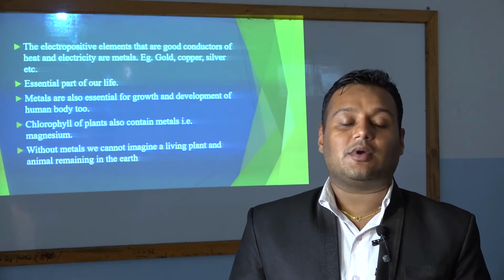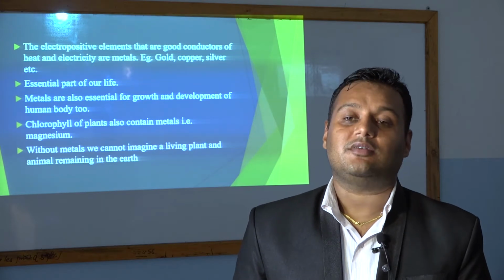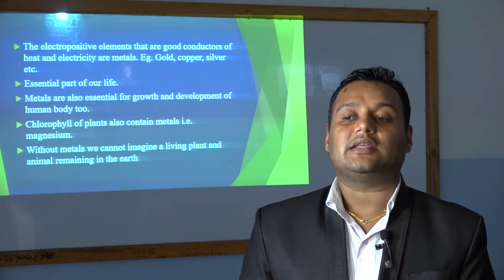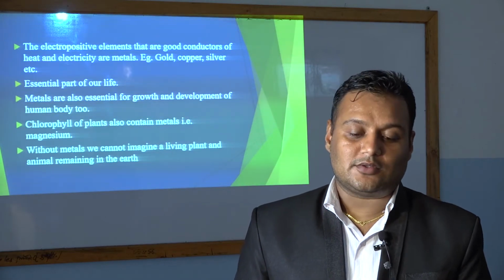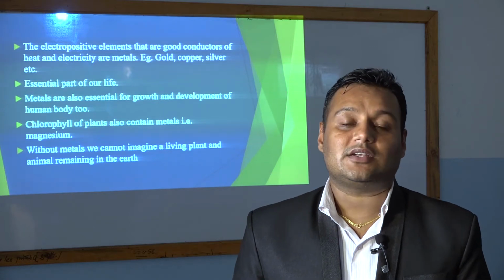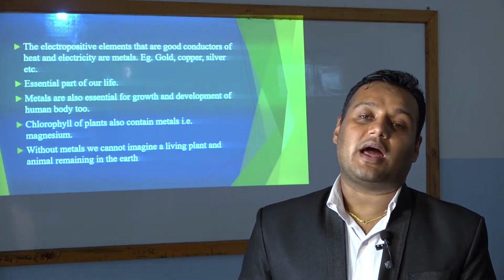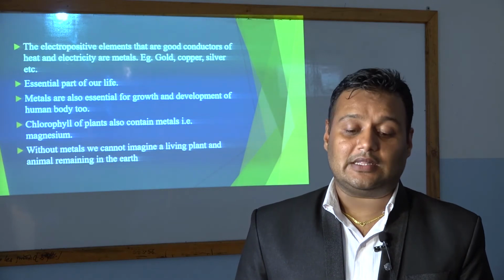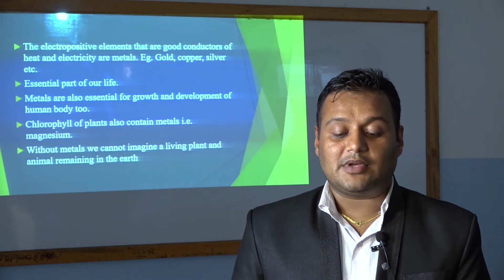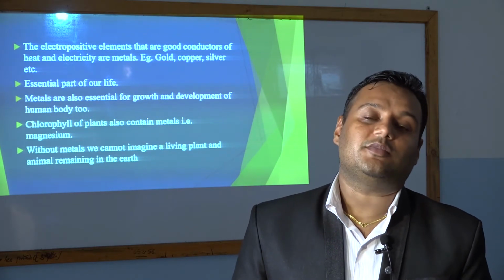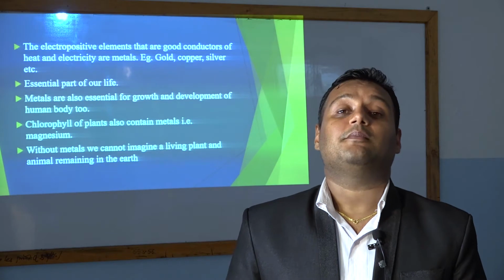After this we focused on the importance of metals in our daily life, in the existing world. We learned that without the presence of metals, neither a plant nor an animal can grow and sustain on this earth, because metals are present in the human body as well as in the plant body.